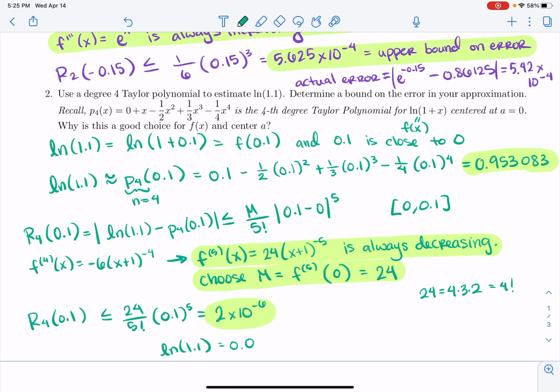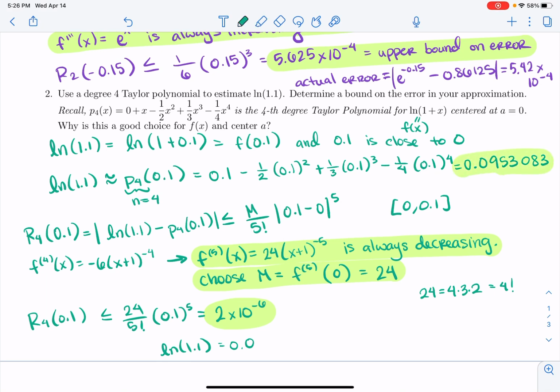What am I missing? I'm off by a factor. Oh, you know what? I wrote down this one up here wrong. There's a 0 in front. It's 0.0953083. There we go. That makes more sense.